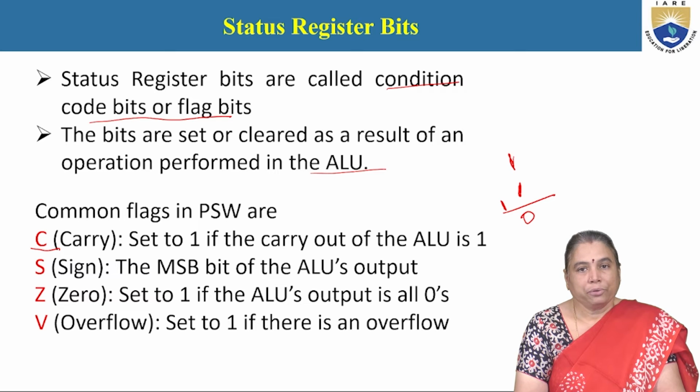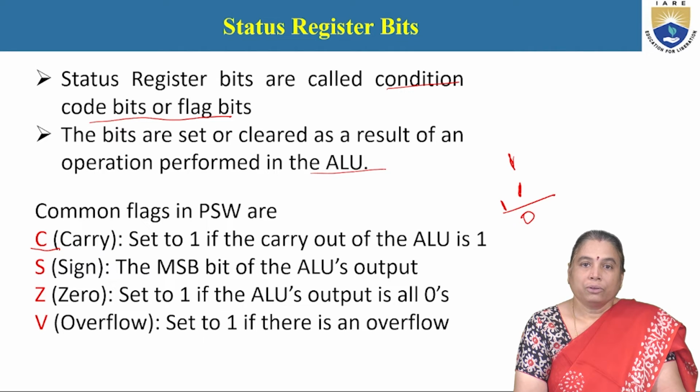Next is the sign bit, which represents the sign of the register value. The sign bit is used to denote whether the stored value is positive or negative. If the sign bit is 1, the stored value is negative. The MSB of the ALU output is the sign bit.